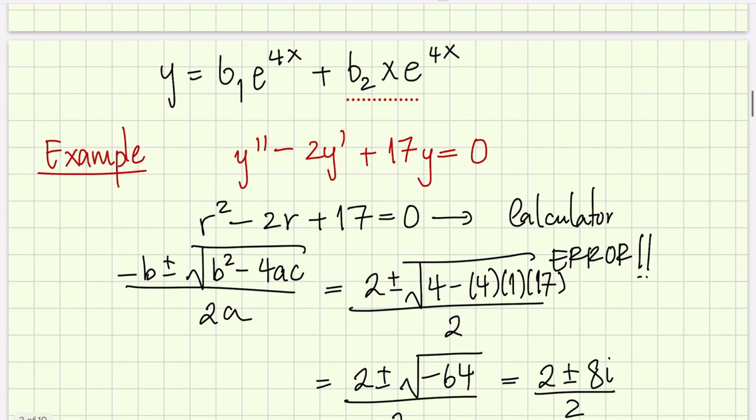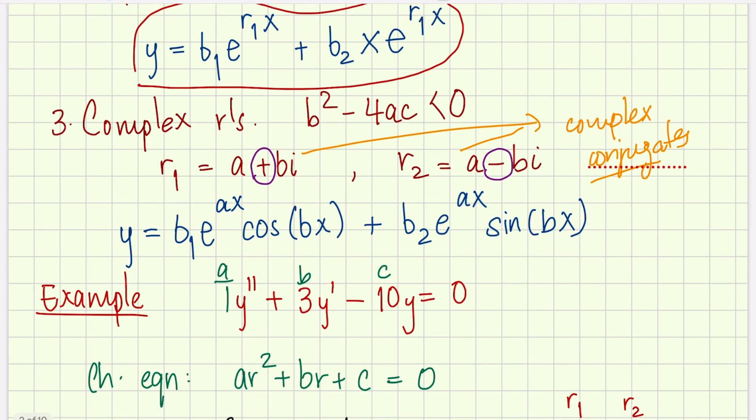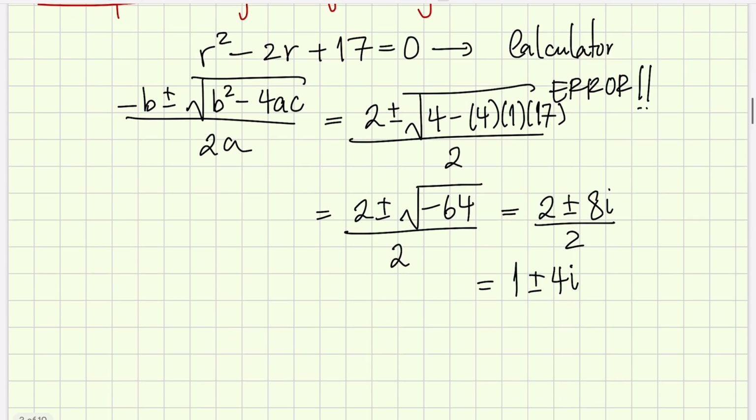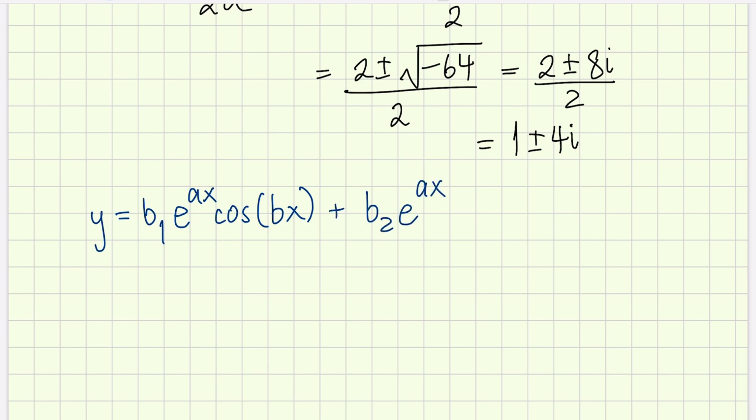So, for our complex roots, we said our solution should look something like this, which is y equals b1 e to the power ax cosine bx plus b2 e to the power ax sine bx.